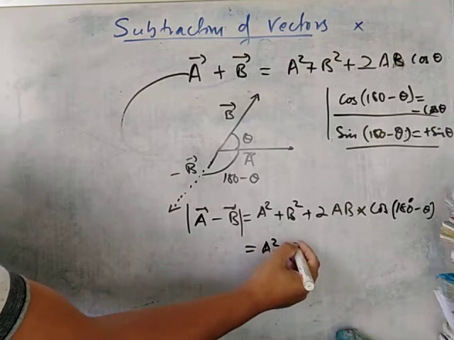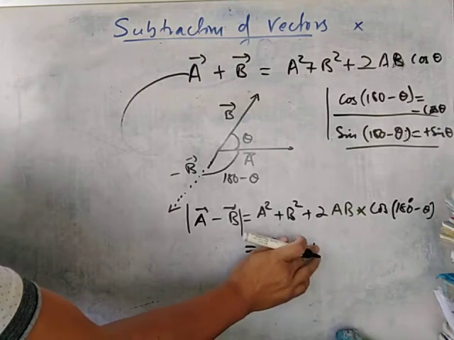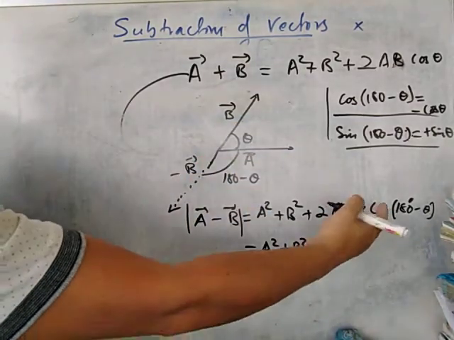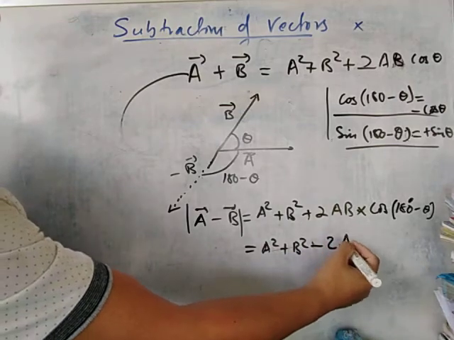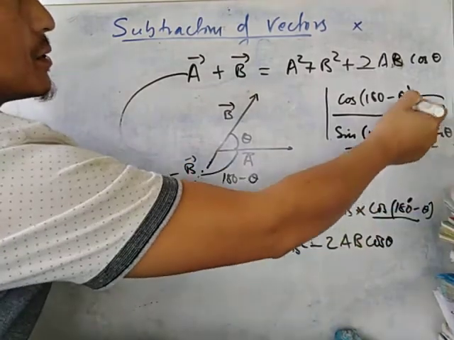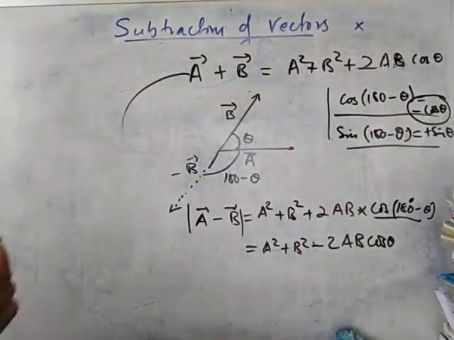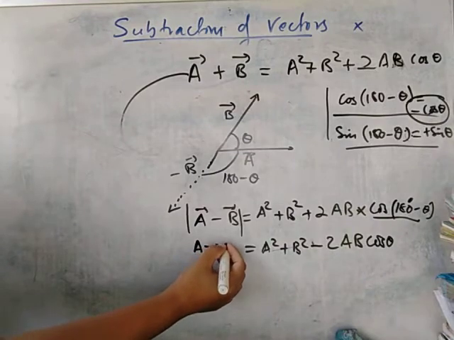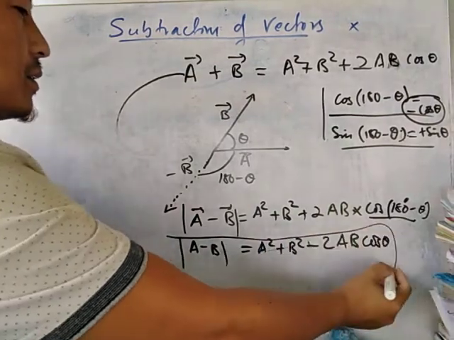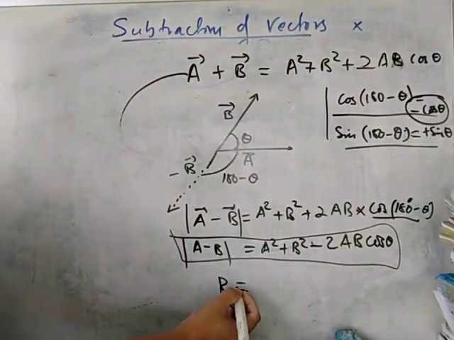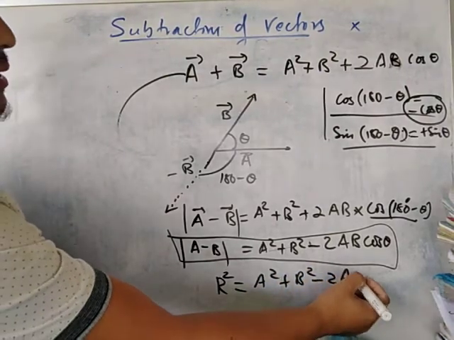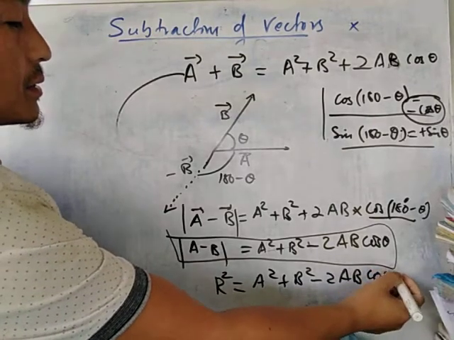So this equals a square plus b square, and cos term is minus cos theta, so minus into plus gives minus 2ab cos theta. In place of cos theta I put minus cos theta. So a minus b, or the resultant, r square equals a square plus b square minus 2ab cos theta.